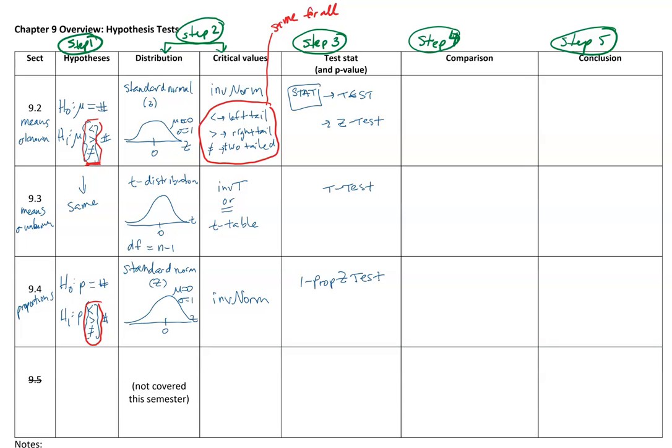And then for step 4, remember for extra credit, you're going to do both of these things. You're going to compare the test statistic, which is a t or z value, t in this case where I'm writing, to the critical value, z. And that's going to be in a picture where you draw the little distribution and show the reject zone and then put your test statistic in the picture.